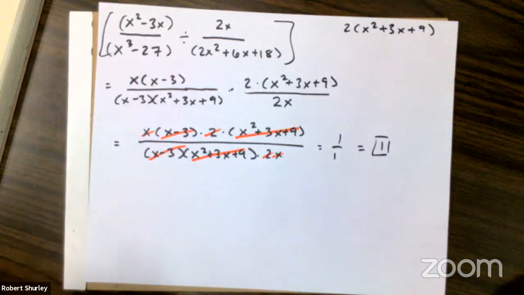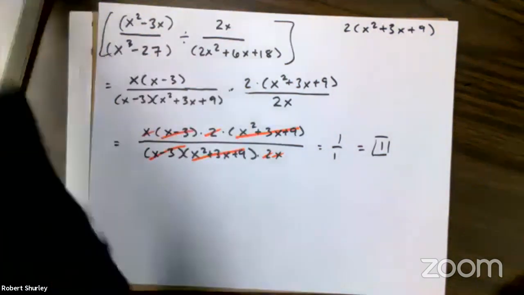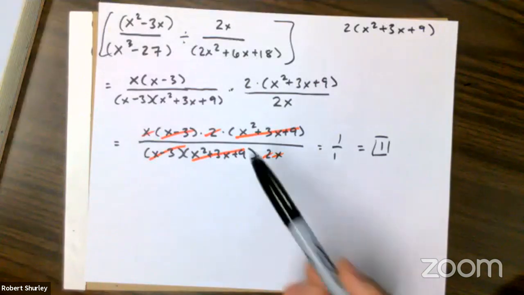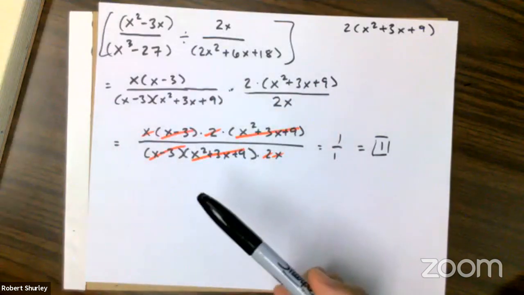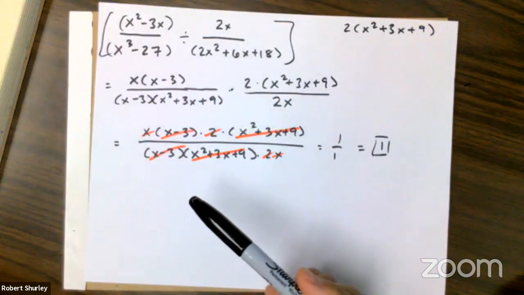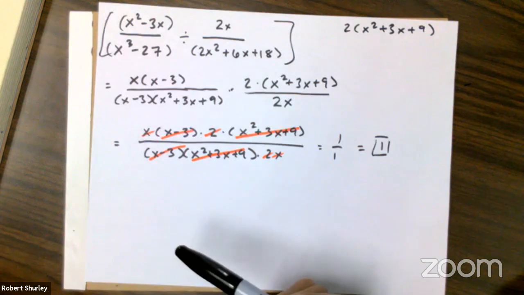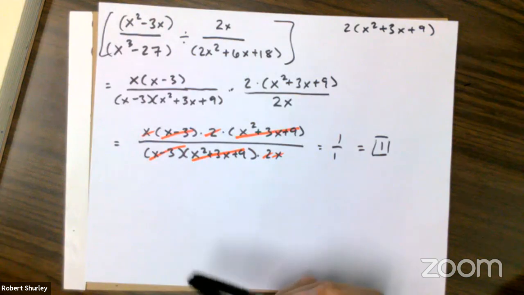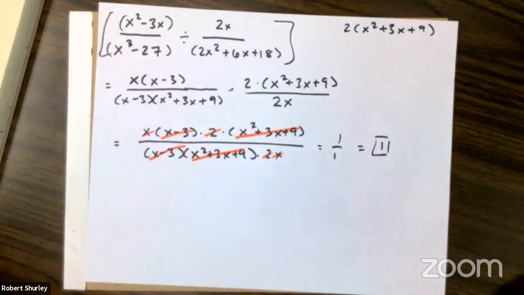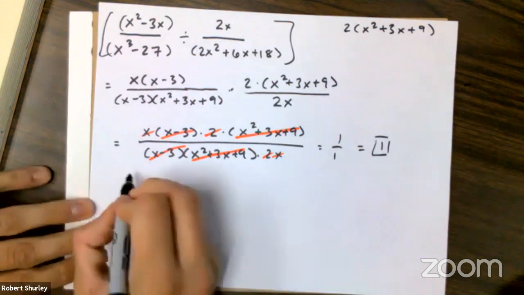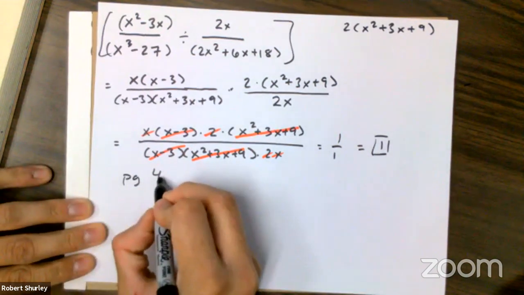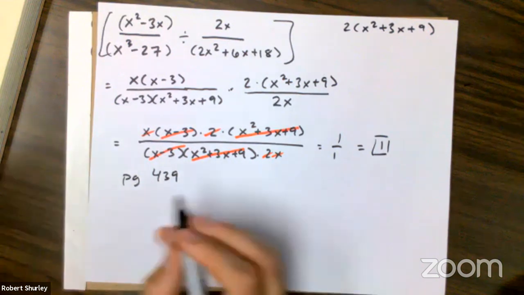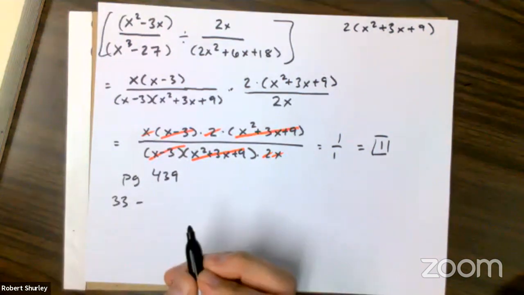Okay, for homework though. So really what I want you to now do is finish up this section. And you'll notice it's just a review of factoring. A major review of factoring. So let me get to the page. I'll give you all of it. So this is page 439. Okay, so it starts on number 33.